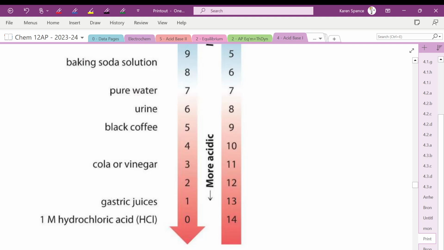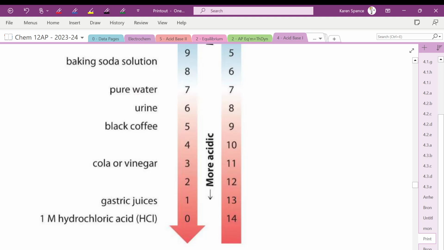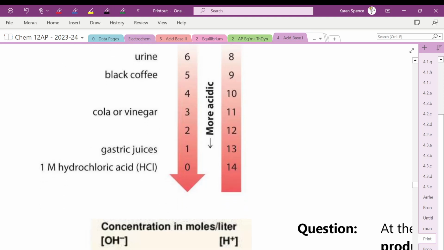Or if you drink a lot of juice, because they both have a lot of acid in them. Okay, and acid tends to not be kind to your teeth. Gastric juices, yummy. pH of 1. pH of 1 is our gastric juices, and then 1 molar hydrochloric acid, pH of 0.